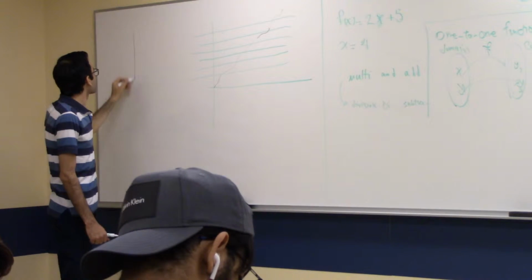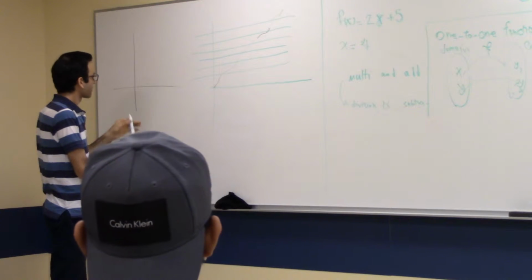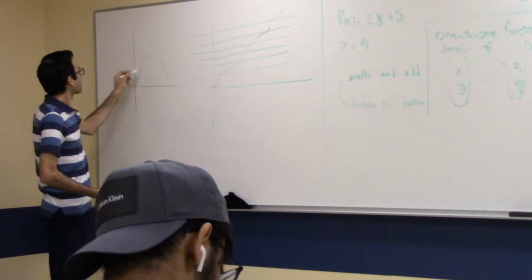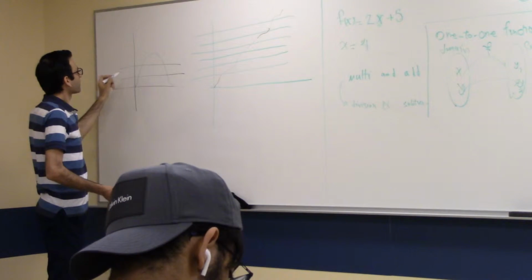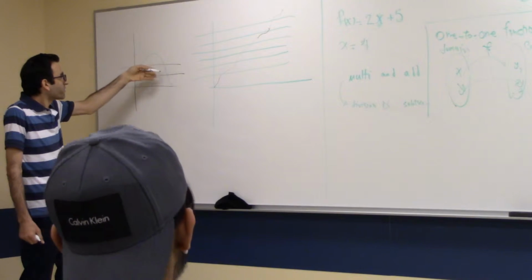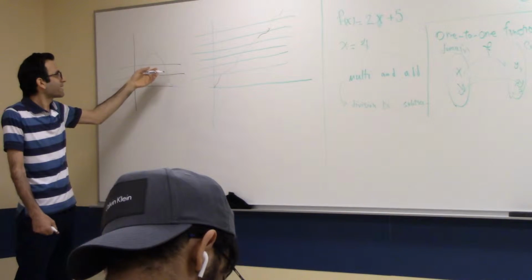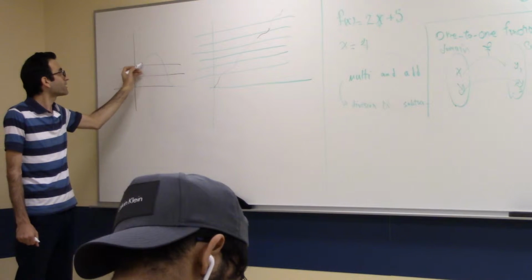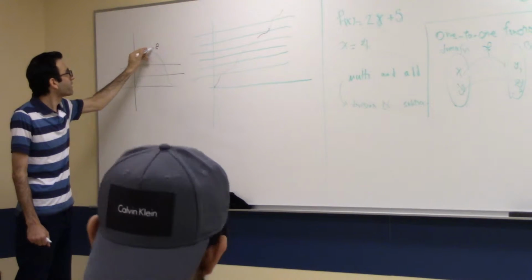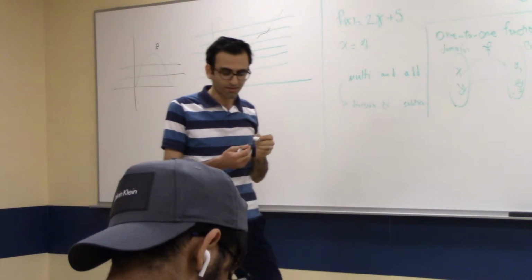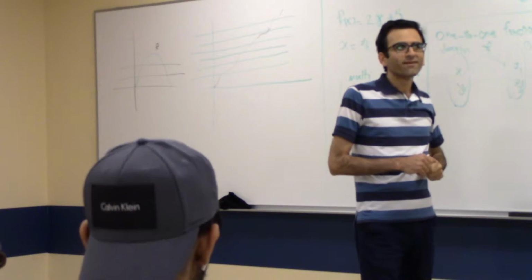But this function is not one-to-one because we can find at least one horizontal line that cuts the function f at more than 1 point. So that f is not a one-to-one function.